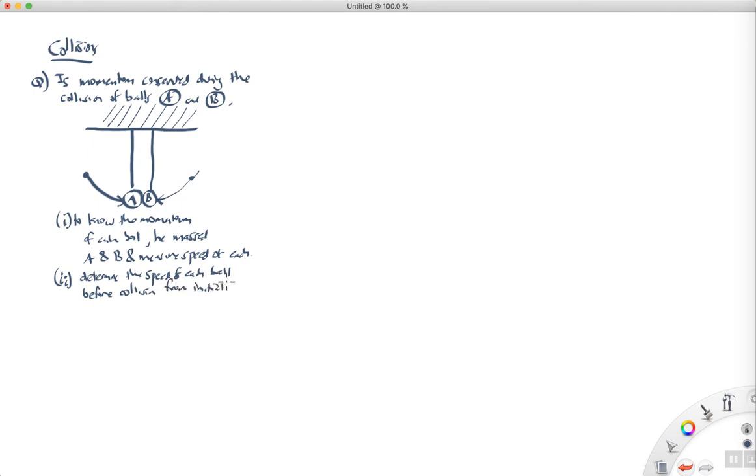I won't go into details of how he did that, but you might imagine that that's possible from the initial height of each. And then that will tell you the speed just before the collision. If you know the mass, you could figure out, for example, the momentum of ball A before the collision. And likewise, if you knew the initial height of ball B, you can figure out its speed just before the collision. And if you know its mass, you can find out the momentum of ball B just before the collision.